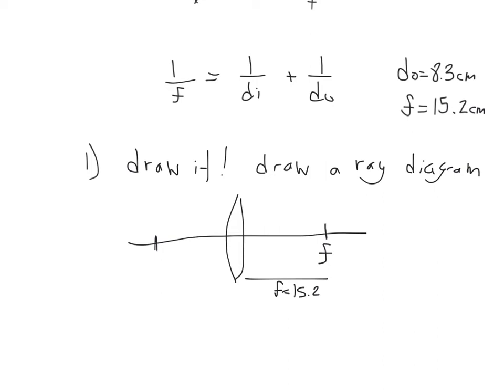So it's actually going to be closer. Let's just approximate here. So our do is 8.3. If we were to draw a ray diagram, then we should be able to figure out where our image will be. So I encourage you to pause the video, do this on your own, and figure it out. That way you can predict it.